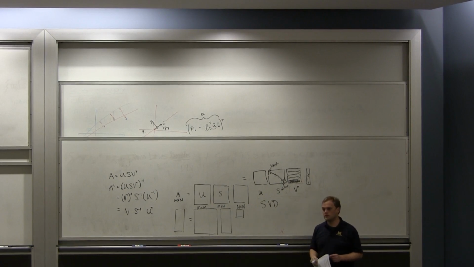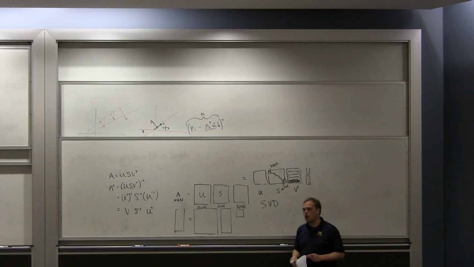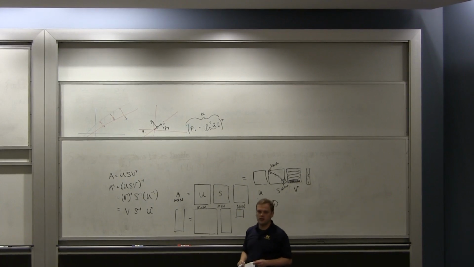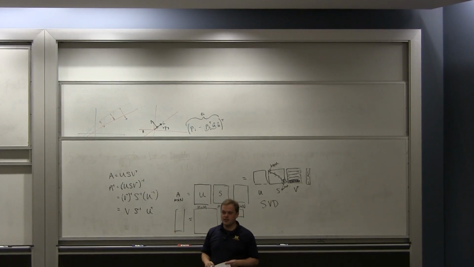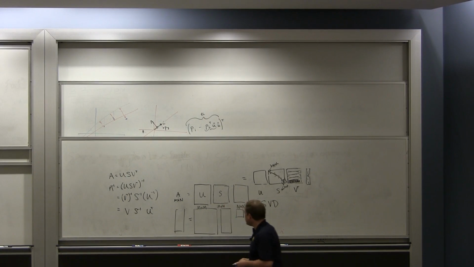Make sense? All right. Now, if you go to Octave or MATLAB and you type in the singular value decomposition, you might end up with what's called an economy singular value decomposition. So what is an economy singular value decomposition?